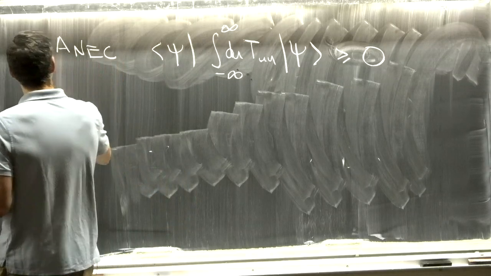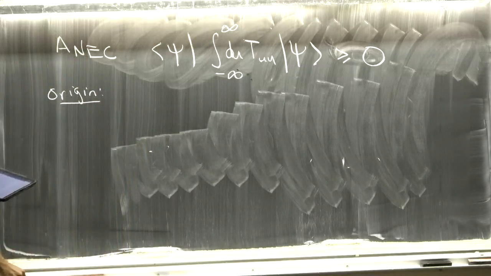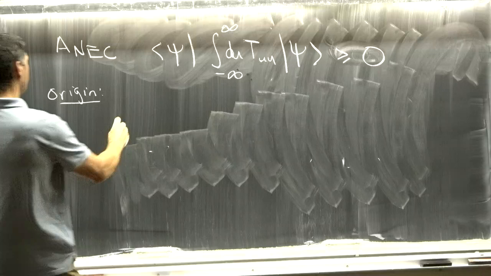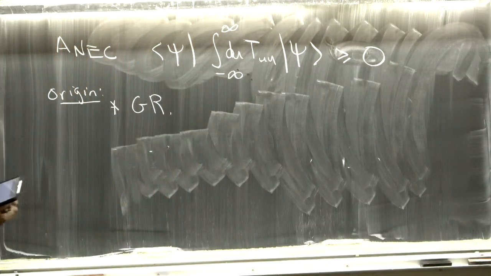Okay, so where did this come from? Some history here. Actually, the ANEC first came from GR. Not derived from GR, but in general relativity, you want to impose energy conditions.